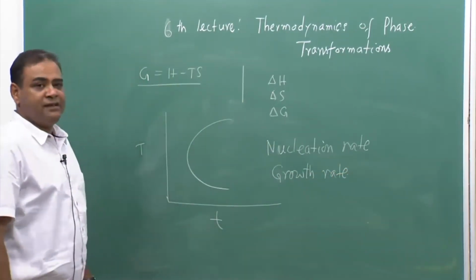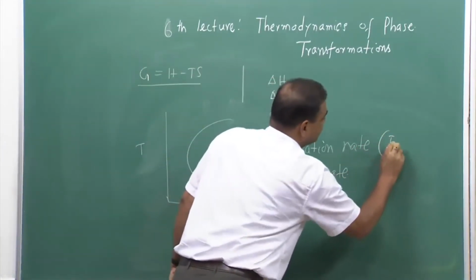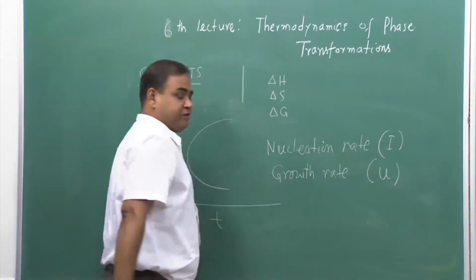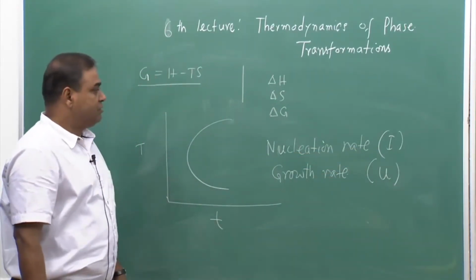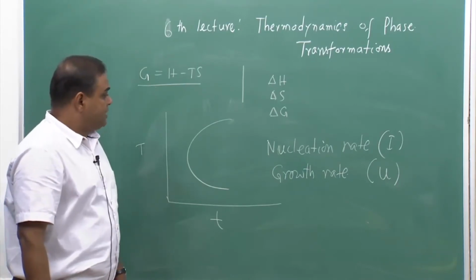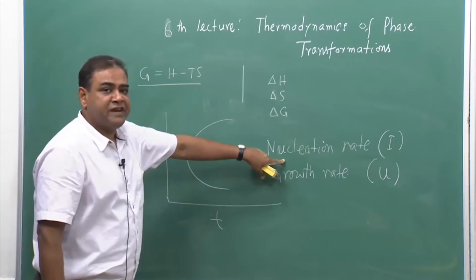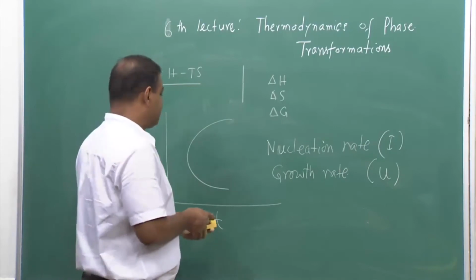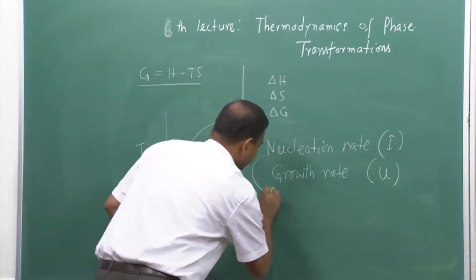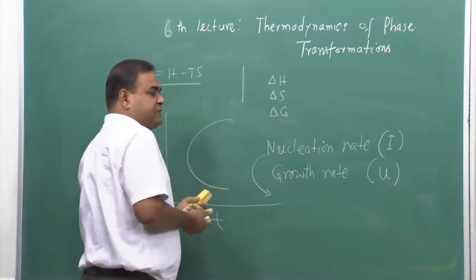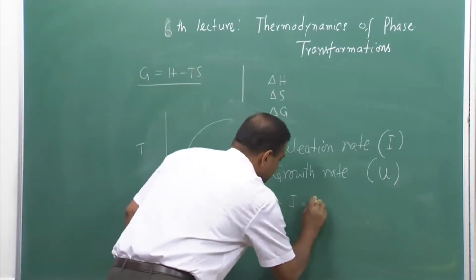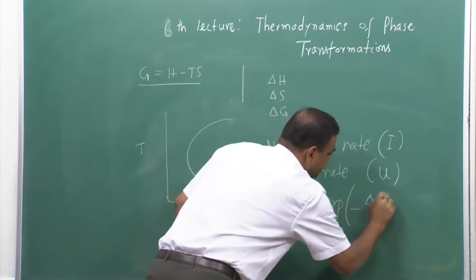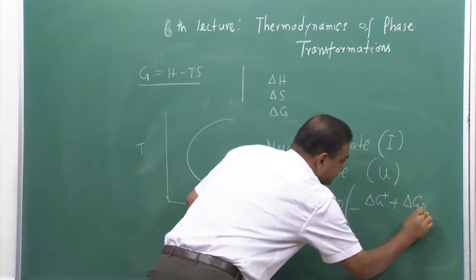The notations are U and V: U is the growth rate and the nucleation rate is denoted by I. Now, the nucleation rate has its own expression, which I am writing: I equals I0 exponential of minus del G star plus del G D by KT.